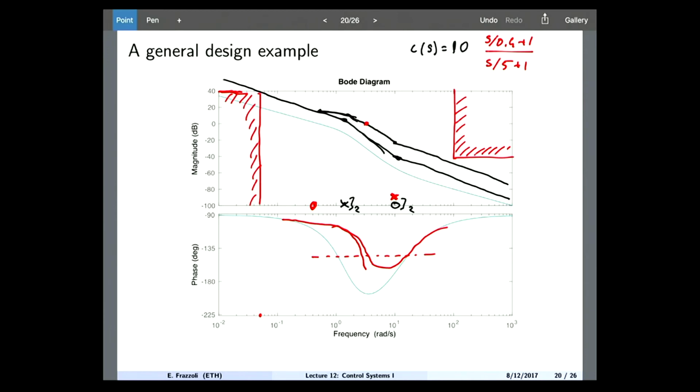Typically, what you want is to meet all of your specifications with the smallest possible number of additions of new poles and zeros, so a more elegant design. We will do more and more of this. But at the end of the day, it's all about taking your loop transfer function, moving it up, and then bending this pipe in such a way that it clears all the obstacles, okay?